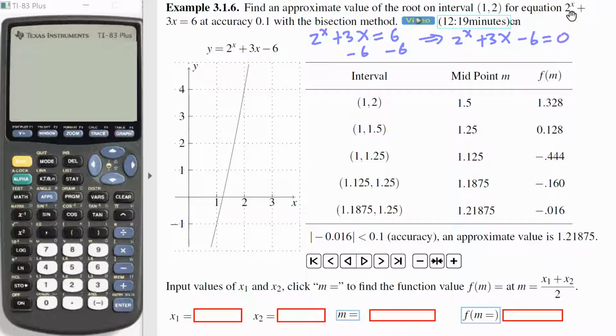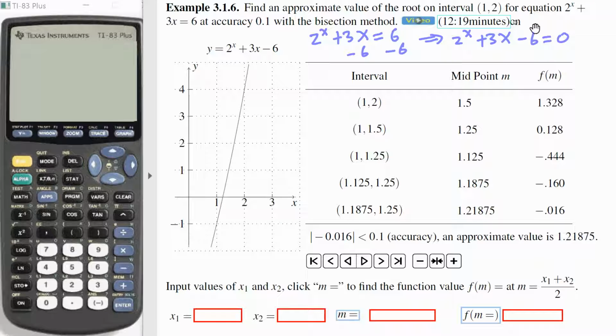We can notice that the equation 2^x + 3x = 6 can be converted to the one right here. We can do this because if both sides of the original equation are subtracted by 6, the right-hand side's 6 will be cancelled to 0, and the left-hand side is 2^x + 3x, then minus 6.